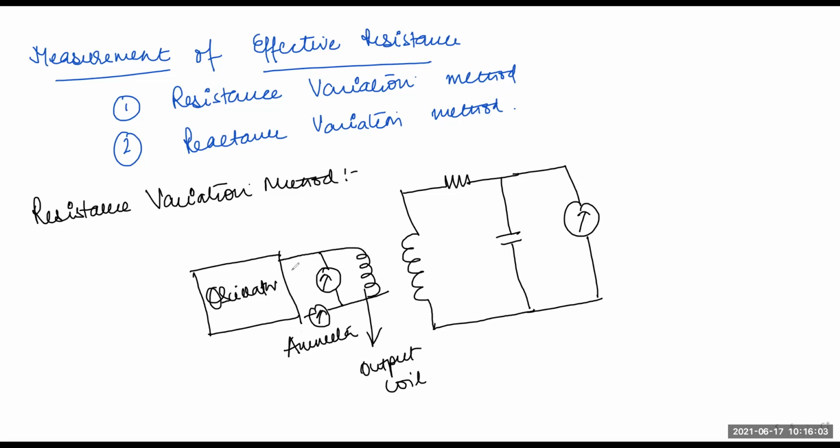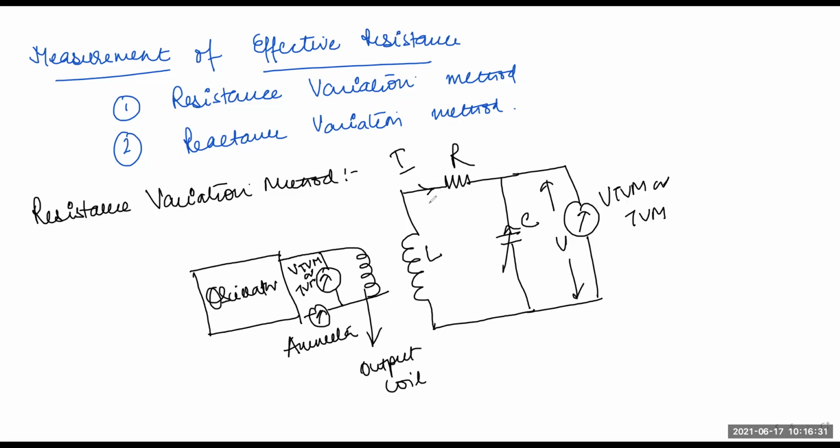And this is my VTVM or TVM, whatever you call it. This is my L, this is my R, and this is my C, which is variable. This is the voltage you will get across this capacitor. The current I is flowing through it.